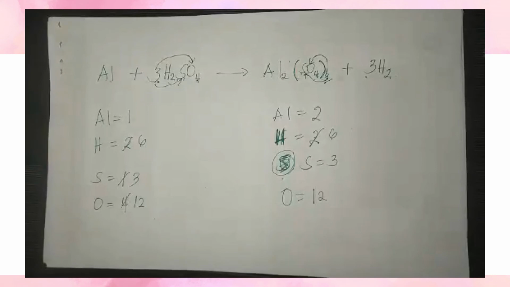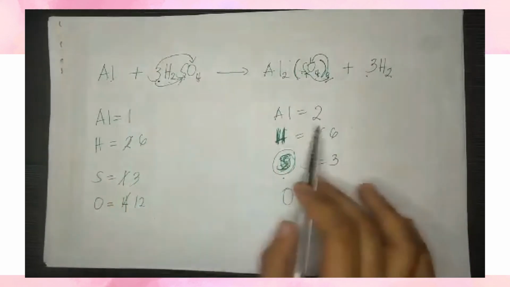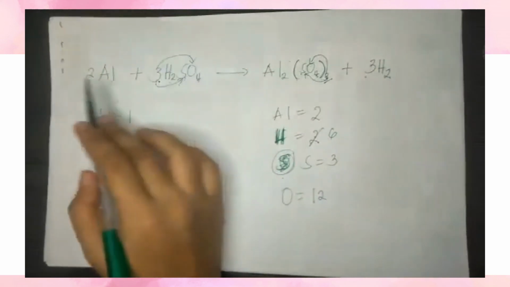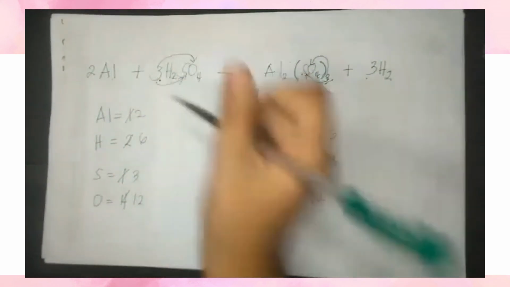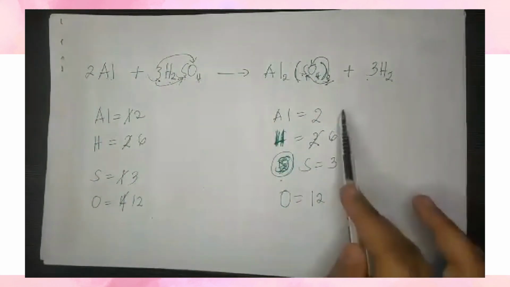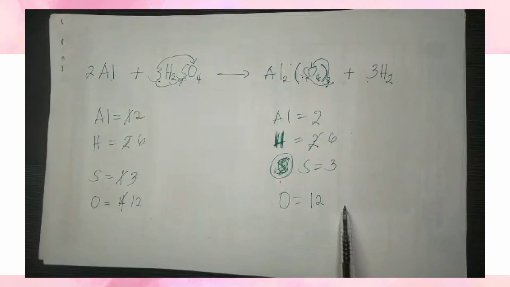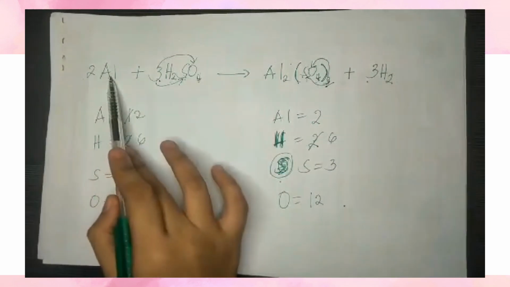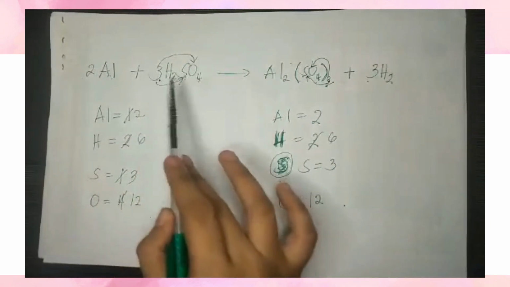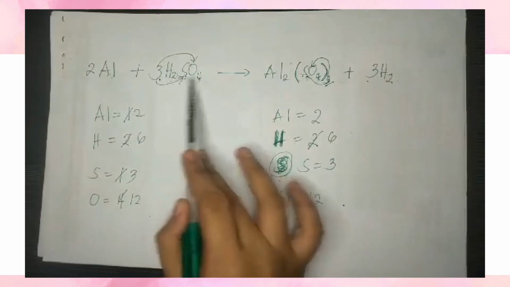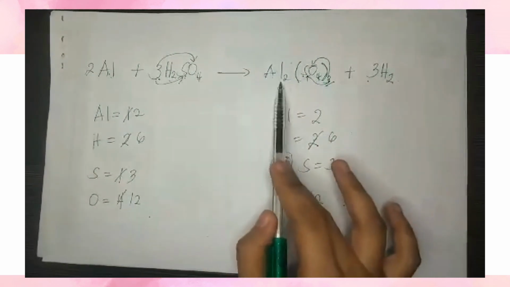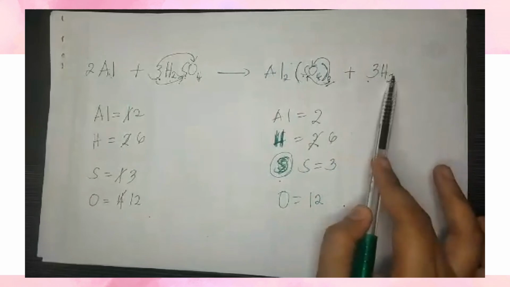Last, for the aluminum, let's have 2 as a coefficient here so that we have 2. So as you can see, we now have a balanced equation wherein 2 aluminum atoms, or 2 aluminum, plus 3 hydrogen sulfide will produce aluminum sulfide plus 3 molecules.